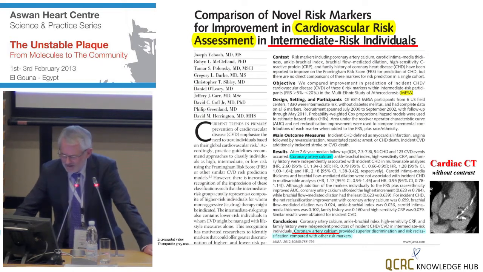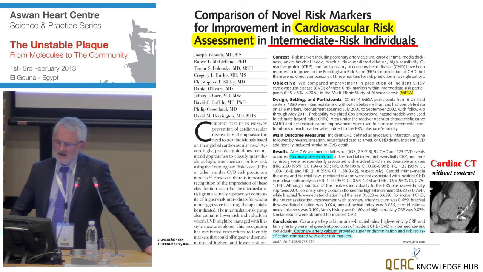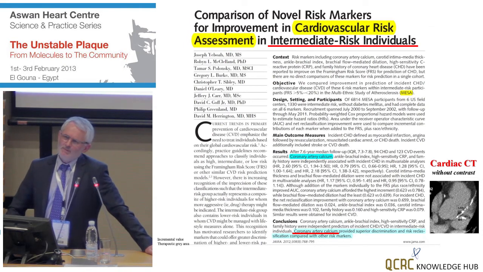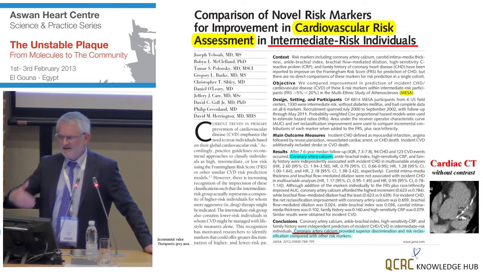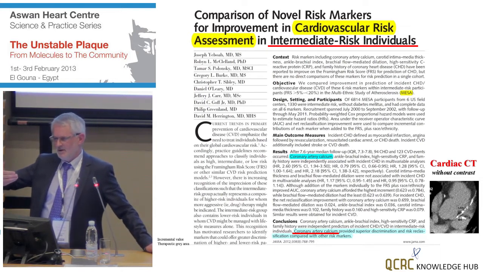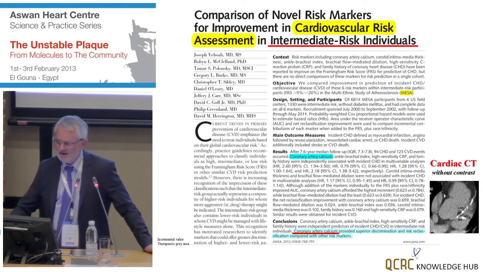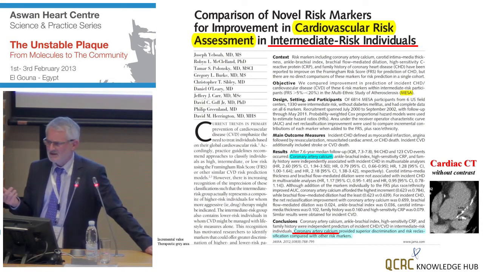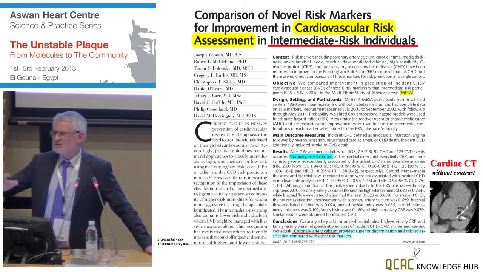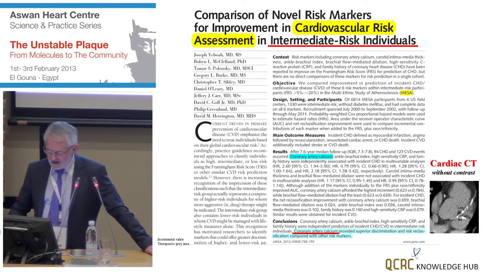In this paper published just a few months ago in JAMA, several known risk markers were compared by their ability to provide incremental predictive value on top of Framingham risk scoring, whether you could reclassify people here in the gray area at intermediate risk, where the treatment is less well defined.